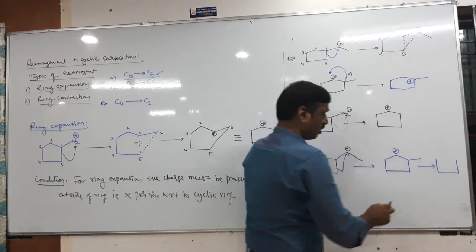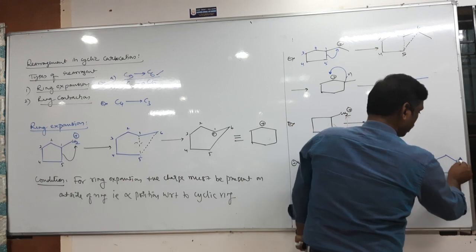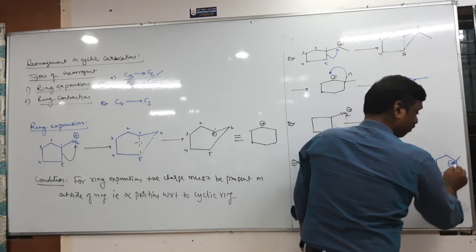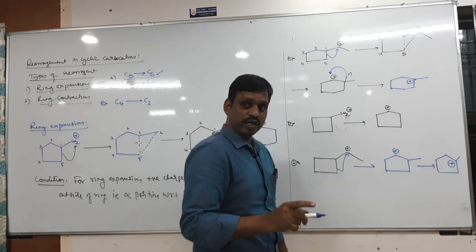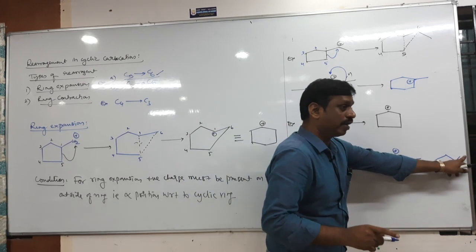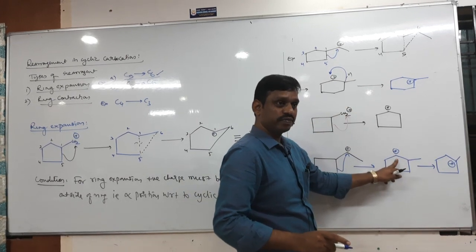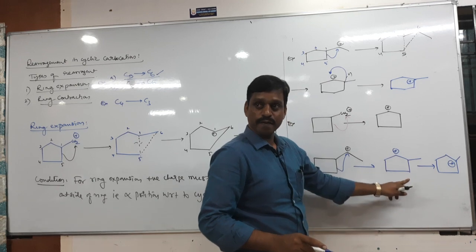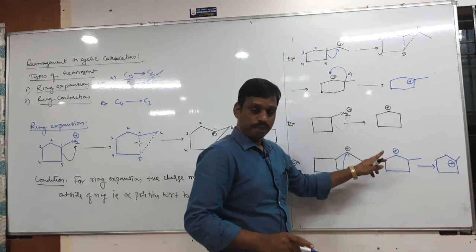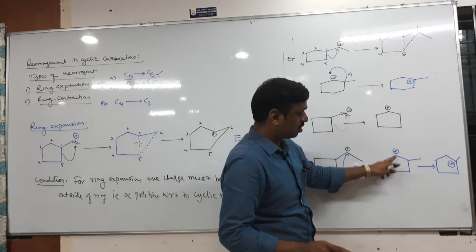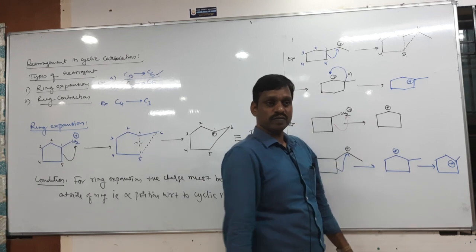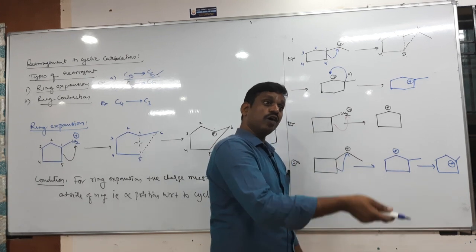6-membered, tertiary. For the ring expansion, the positive charge must be outside the ring, not on the ring. It is on the ring. If the positive charge is present on the ring, there is no ring expansion. Instead of expansion, contraction takes place.